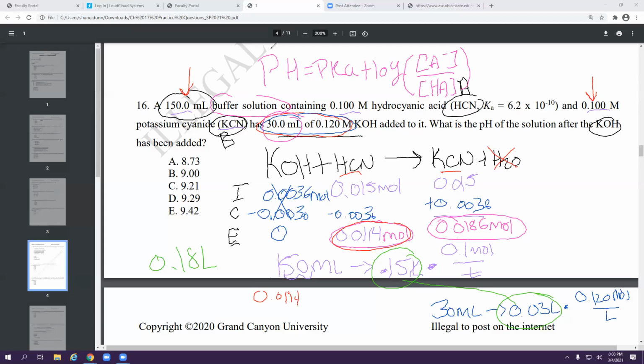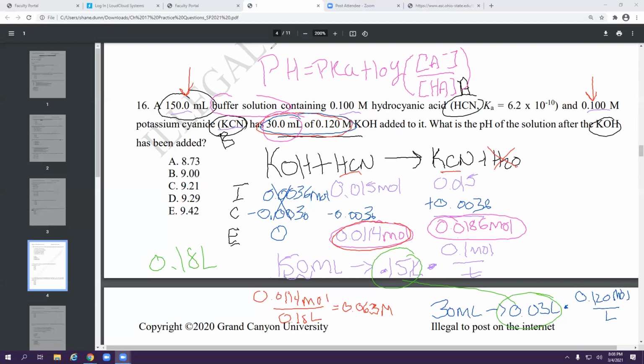That's why I'm trying to do different colors. 0.18 liters will give you 0.063 molar.